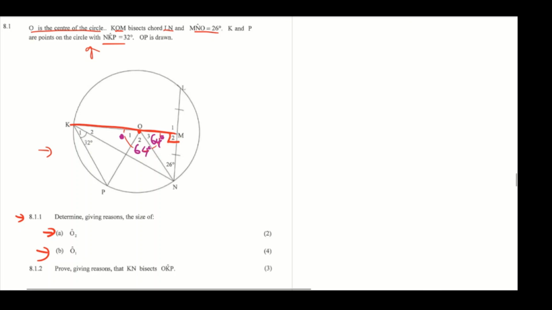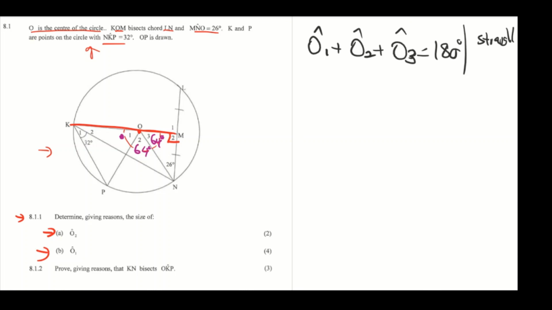So what you're going to say is angle O1 plus angle O2 plus angle O3 is equal to 180 degrees. Reason: straight line. So what is O1? O1 plus O2, which is 64 degrees, plus O3, which is 64 degrees, equals 180 degrees. Then you transpose all the other angles to the other side.